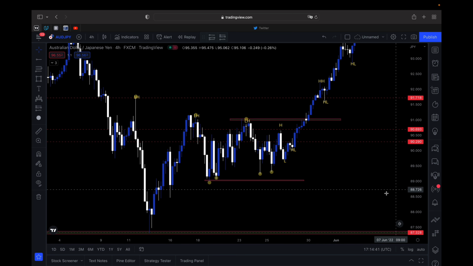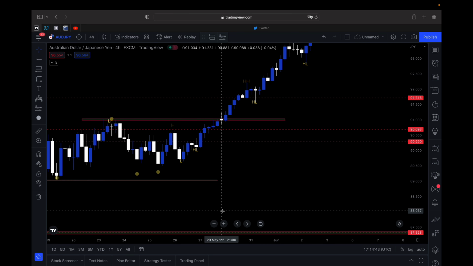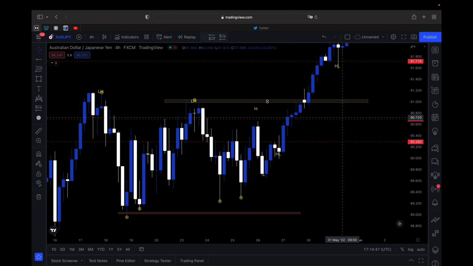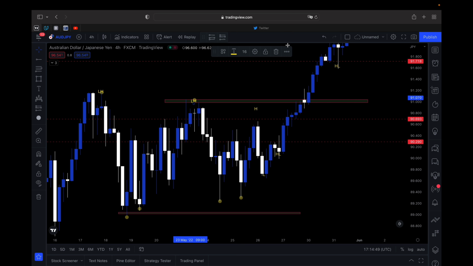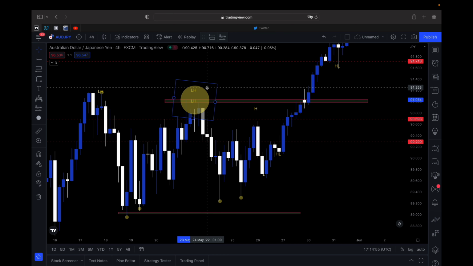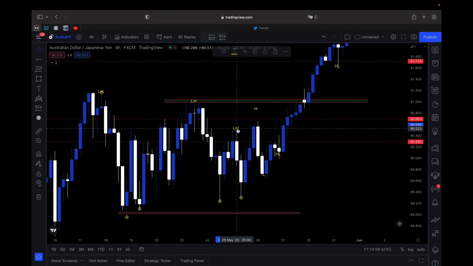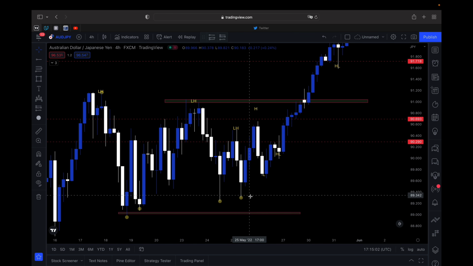So price got to this point here after creating this lower high here, and after creating this lower high here, also failed to create a new low.